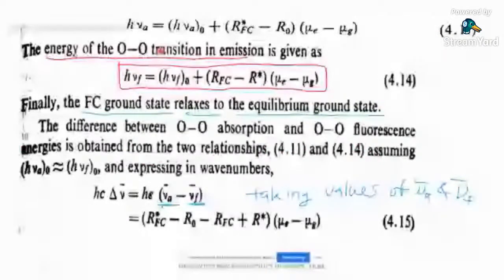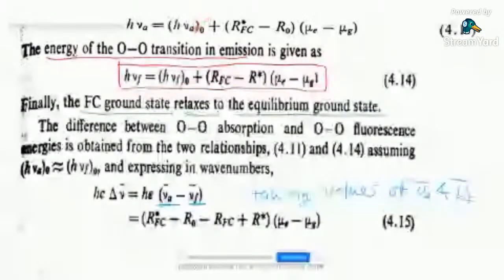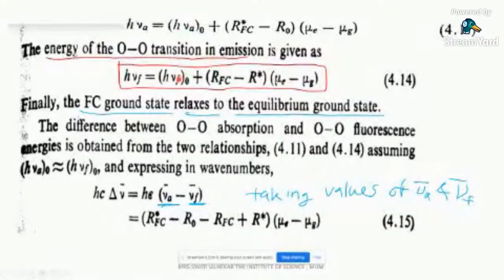Assuming that these two values are equal, when we equate these equations, the values will get cancelled and we will get hc del nu bar, that is nu A minus nu F, where frequency is related to the wave number with this factor.